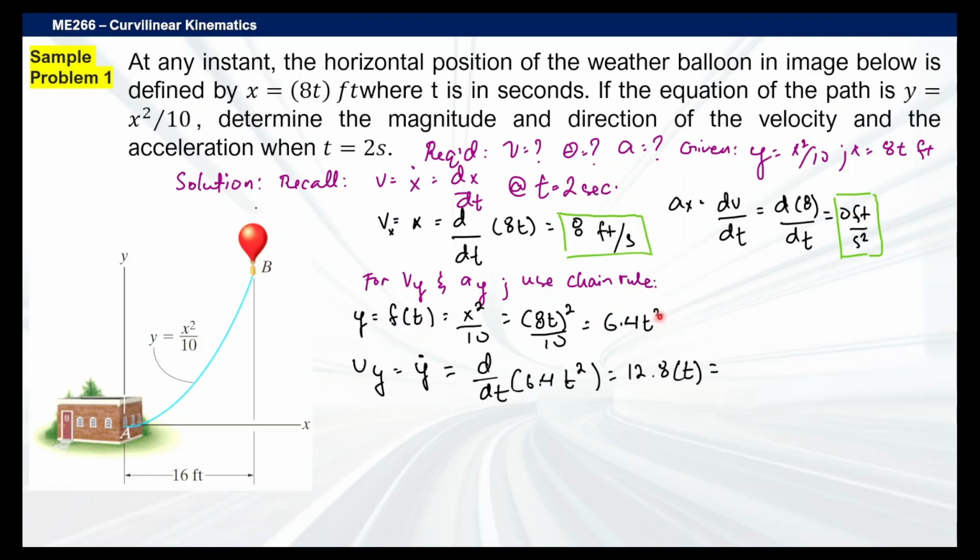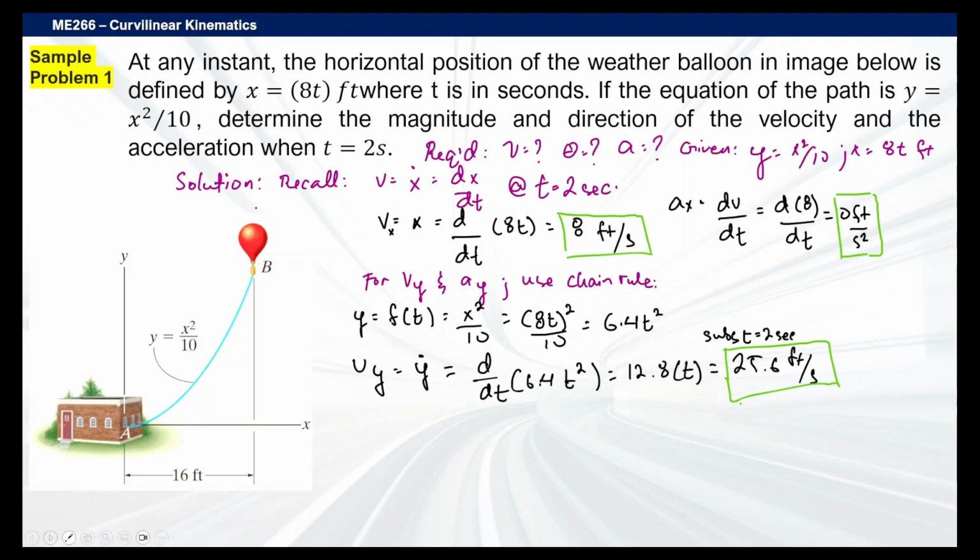And then, I substitute that to get the derivative of vy. And once I got that, which is 12.8t, I substitute yung 2 seconds dito, kasi we're here to find yung velocity and acceleration at t equals 2 seconds. So, here we go, 2 seconds. And may substitute tayo dito. So, 12.8 times 2 is just 25.6 feet per second.